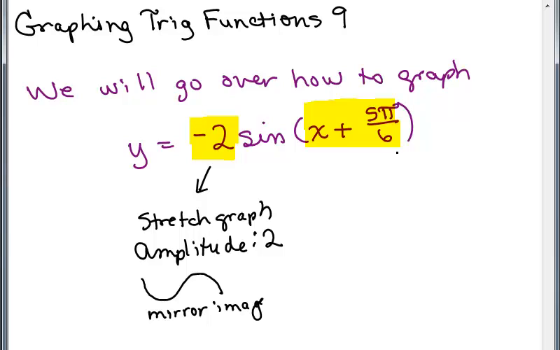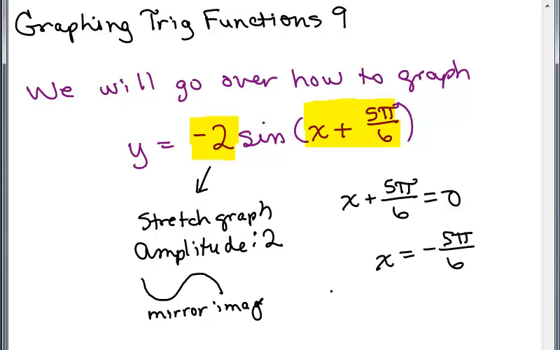Now, what about this x plus 5 pi over 6? Remember what we do: we take what's in the parentheses and we set it equal to 0, and that's going to tell us our phase shift. So the negative sign tells us it's going to go to the left, so 5 pi over 6 to the left will be our phase shift.